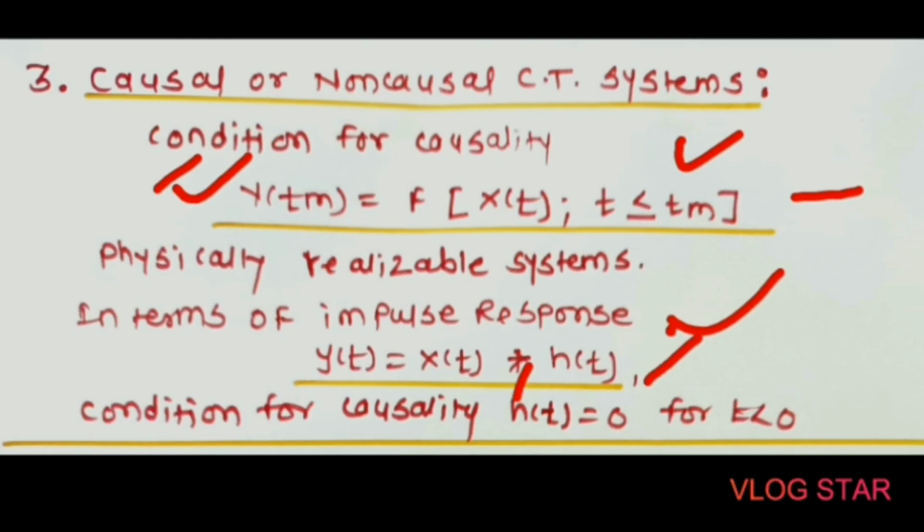Then the condition for causality in terms of the impulse response is h of t is equal to 0 whenever the value of t is less than 0. Now, this condition states that a continuous linear time invariant system is causal if its impulse response, that is h of t, has a 0 value for the negative values of time.